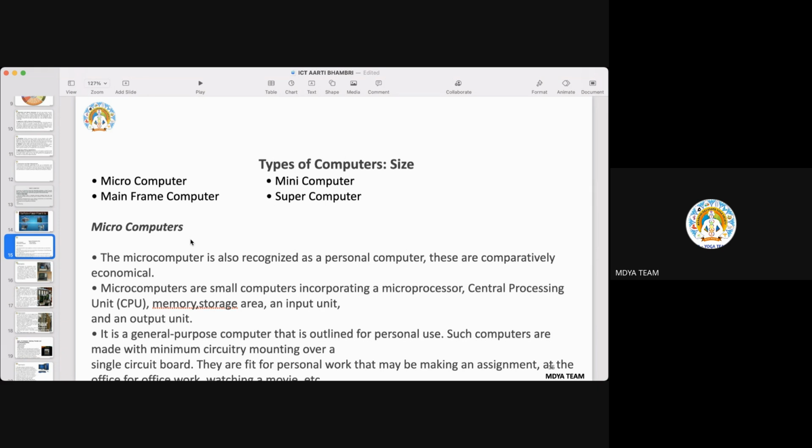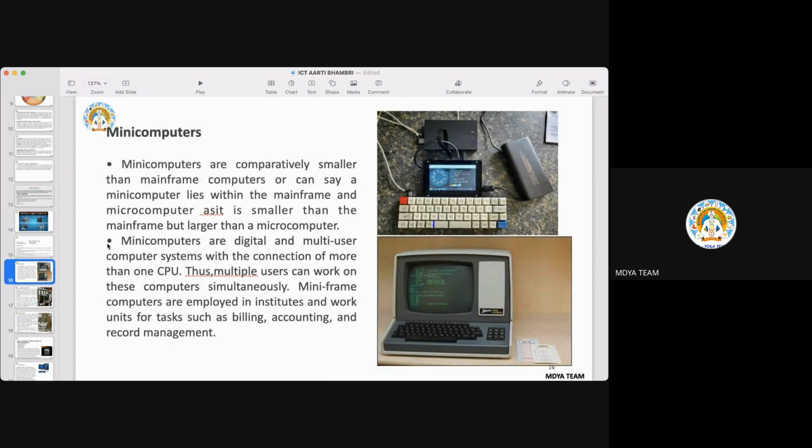So this is basically for your personal use, or you can use it in the office also. And if you are at home or have some spare time, you can visit some website or watch movies or anything. So that is the main function of a microcomputer.